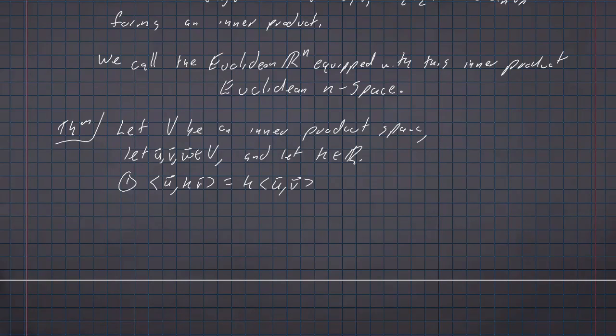Then with just that, we have several other algebraic properties. The inner product of u with kv is the same thing as k times the inner product of u and v. We have that the inner product of u with v plus w is equal to the inner product of u with v plus the inner product of u with w.